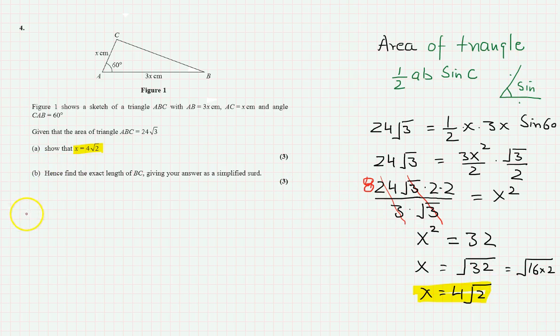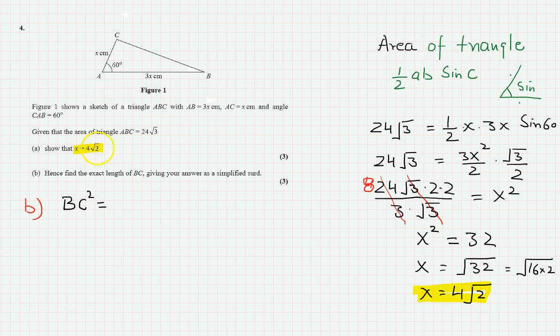Now the part B, it says hence find the exact length of BC. We have to find the length of BC. Now because only one angle is given and we have to find the side, we are going to use cosine rule. We have to find BC, so let's start from BC.